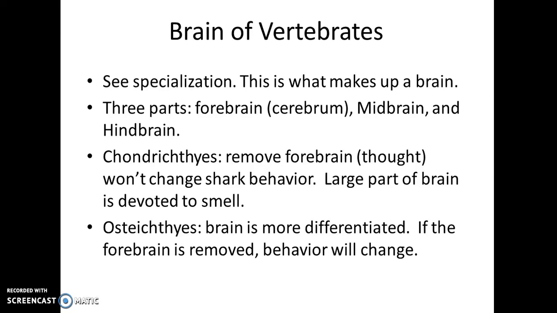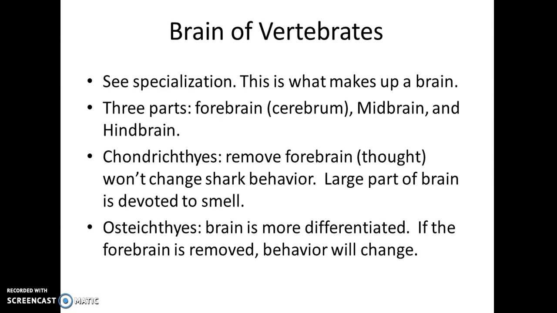In the brains of vertebrates, we see specialization. Different parts of our brain do different things. That's specialization. So we have three parts of the brain: the forebrain, which is your cerebrum, the midbrain, and the hindbrain. Now, the forebrain is where thought and intellect and personality come from. In a chondrichthyes, if you remove the forebrain, you won't change shark behavior.